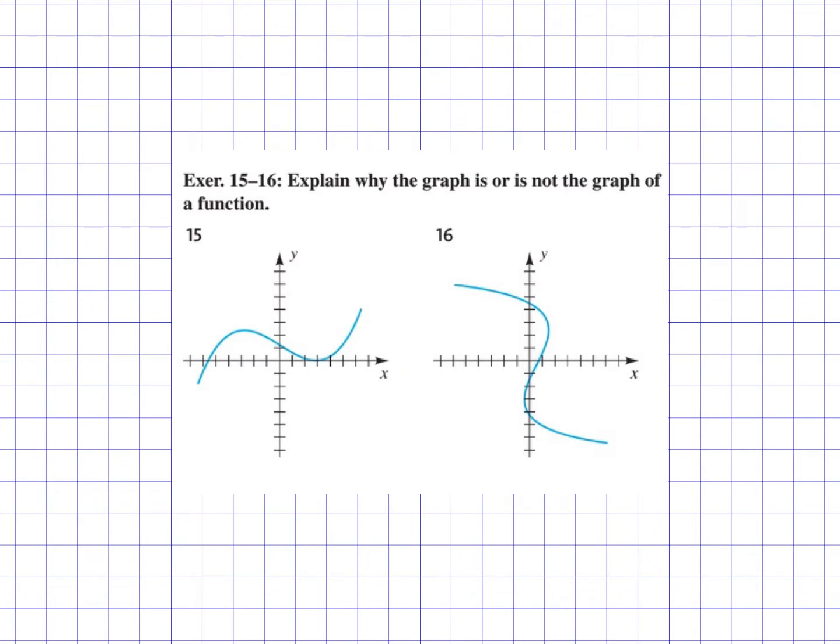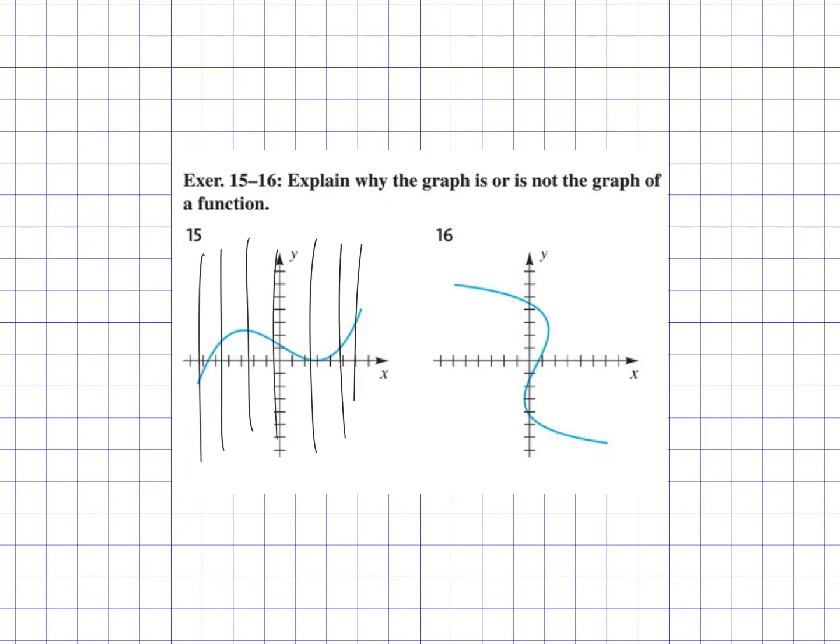Okay, so explaining why a graph is or is not a function. If you have more than one y value for an x value, it's not a function. Or the vertical line test. We draw these vertical lines, it only hits the line once. As opposed to number 16, this x value of 1 hits at 1, 2, 3 places.